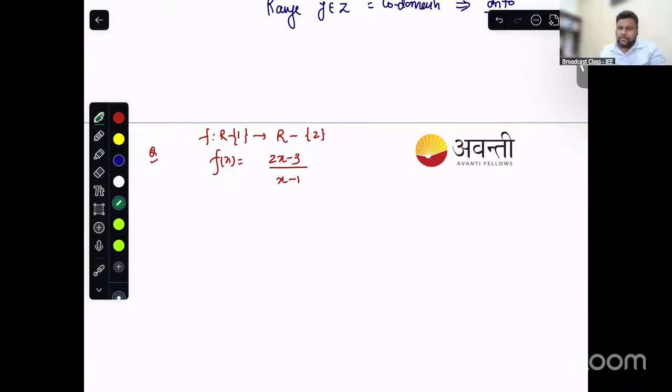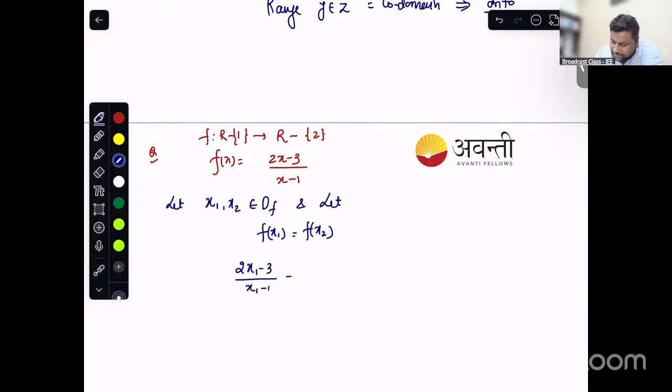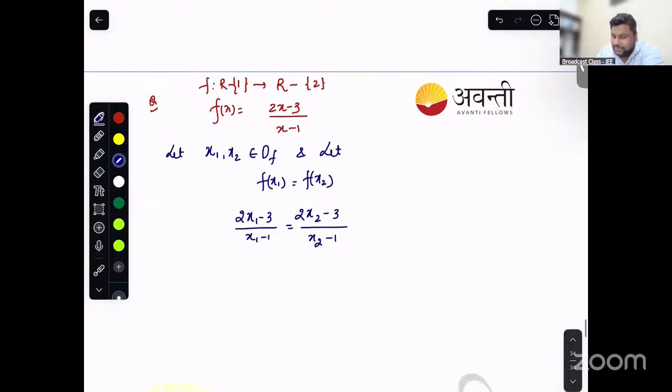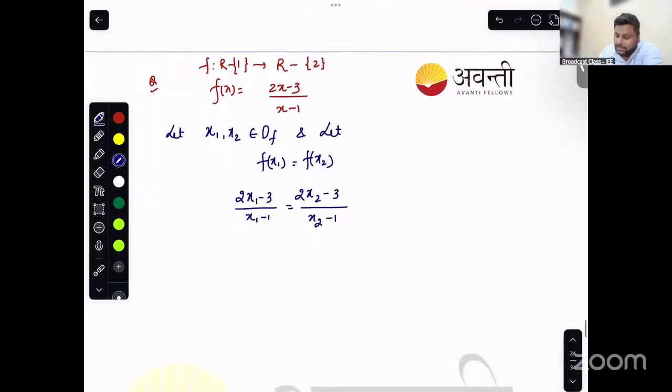Now see, let x1, x2 belong to the domain of the function and let f(x1) equal f(x2). So it is (2x1 minus 3) upon (x1 minus 1) equals (2x2 minus 3) upon (x2 minus 1). Got it? Now cross multiply.